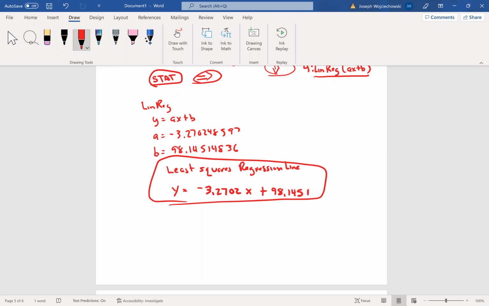If you have no absences, your grade's expected to be roughly a 98. So this is how regression works. Regression can be used for a lot of things, and there's a lot of different types. It's not just linear. But in here we're mainly going to look at linear. We'll touch on a couple others later on.